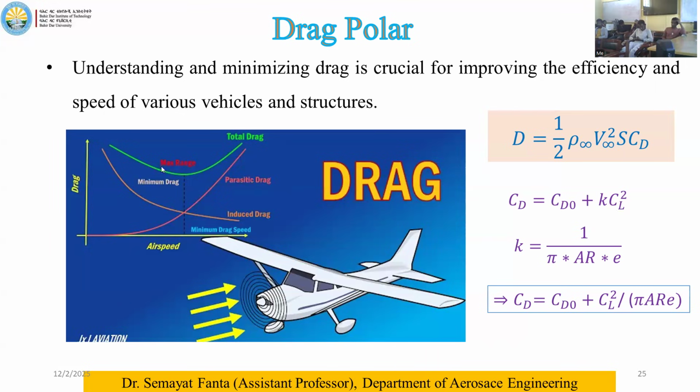So our total drag curve is a parabolic curve. Look, this is a parabolic curve. Why? Because CD is equal to CD naught plus K CL square. In terms of velocity, it is parabolic actually, because drag is half rho V square S CD.